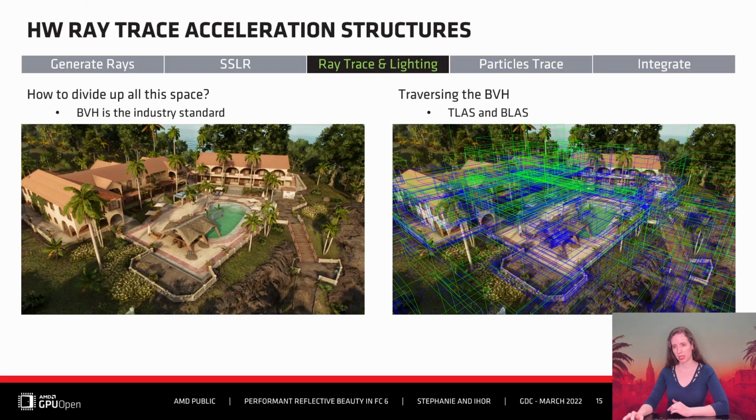On the right side, this space is divided up using a bounding volume hierarchy, a BVH. For traversing BVH trees, the structure is generally divided into a top-level acceleration structure, or TLAS, and a bottom-level acceleration structure, BLAS. Ihor will go into more details about the BVH tree and performance tips.